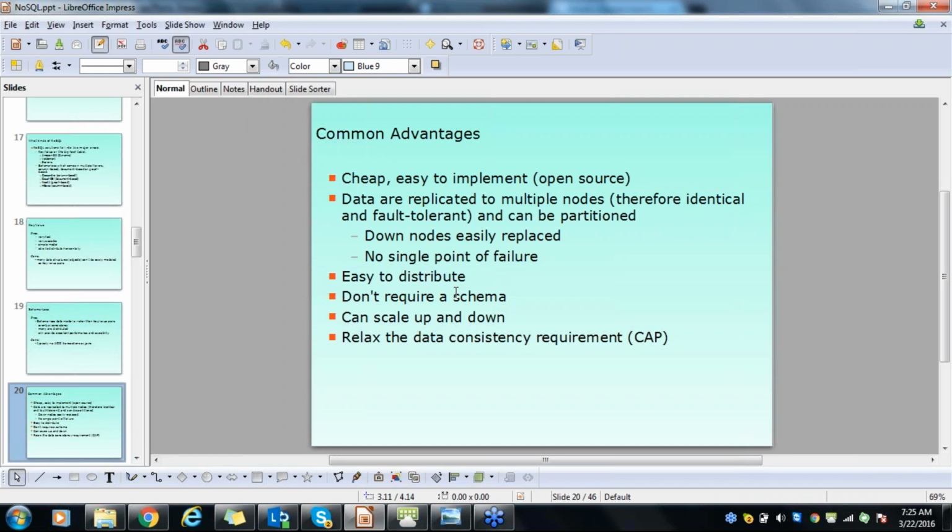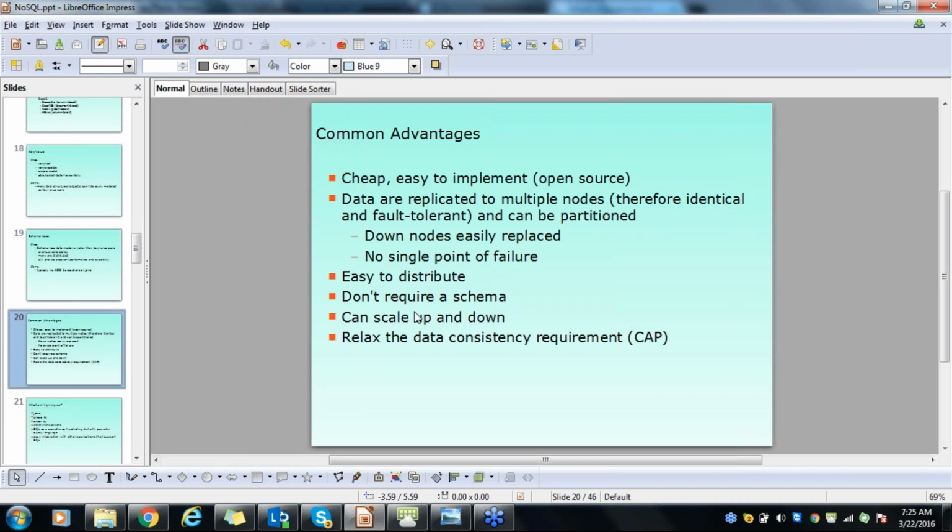So architecture-wise, we have to take utmost care in an RDBMS system. But here you need not worry about that. And for obvious reasons, you can scale up and scale down. The data consistency will be there for obvious reasons. So this is all.